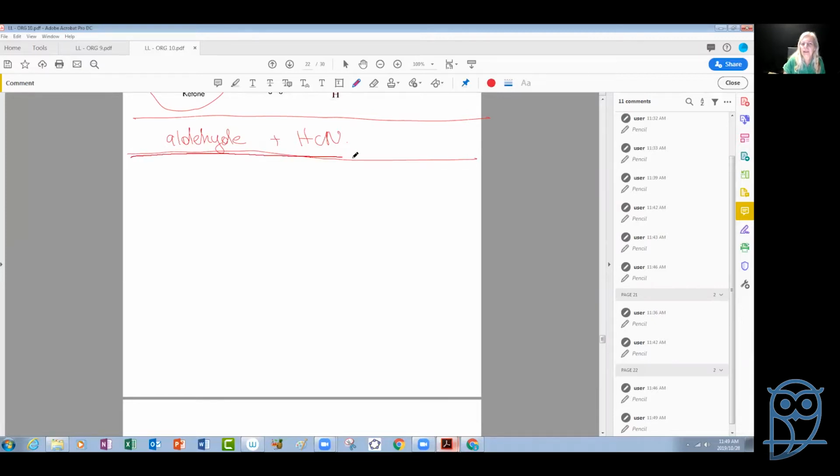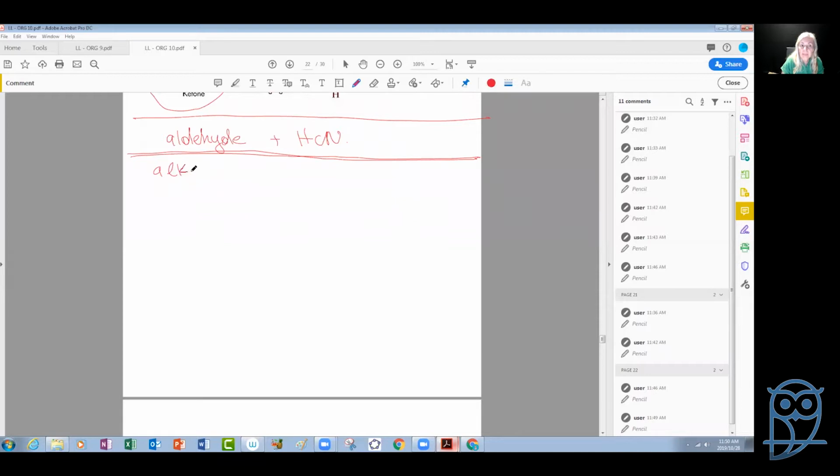Now, why is it so special to say nucleophilic addition? Because the addition reactions that we have seen in the past concerned electrophilic additions that would happen in alkenes with a double bond between carbon and carbon.